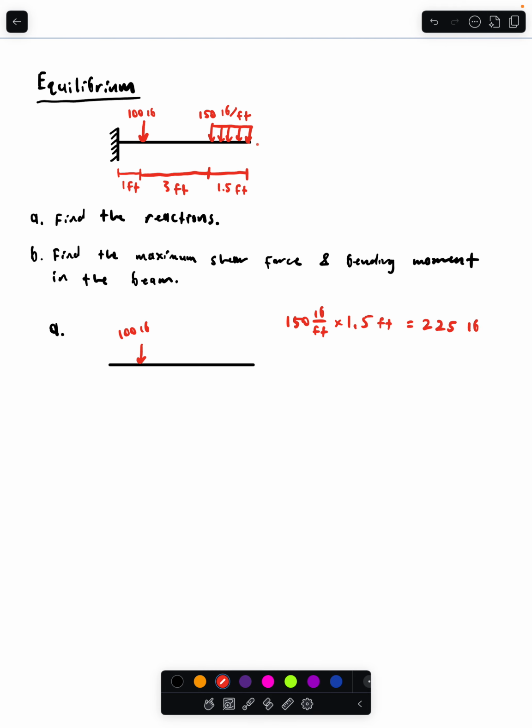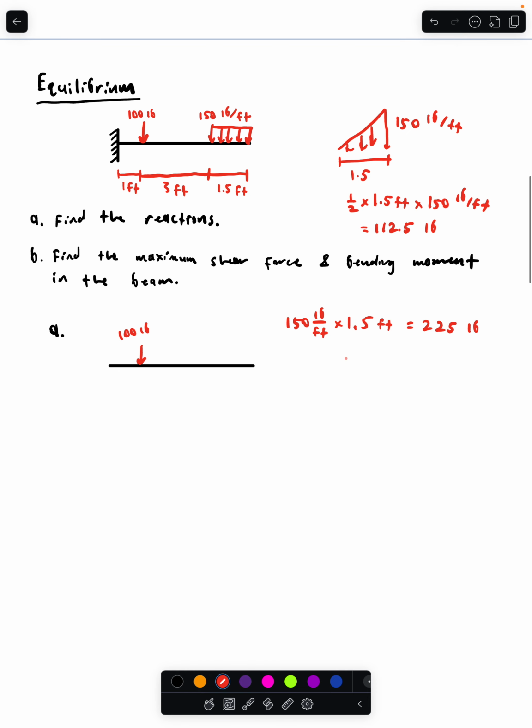If this was a triangular distributed load, you would basically find the area of that triangle, half the base times the height, which is 150 pounds a foot. So you get basically half of this number, so 112.5 pounds.